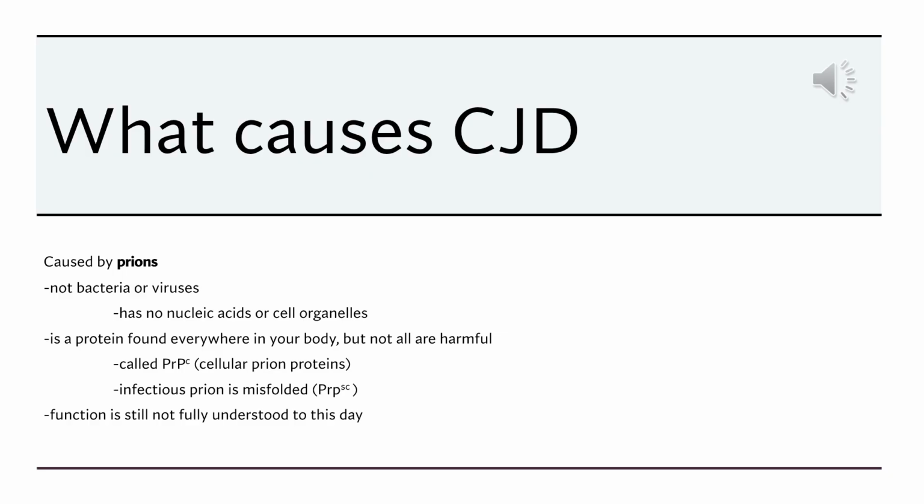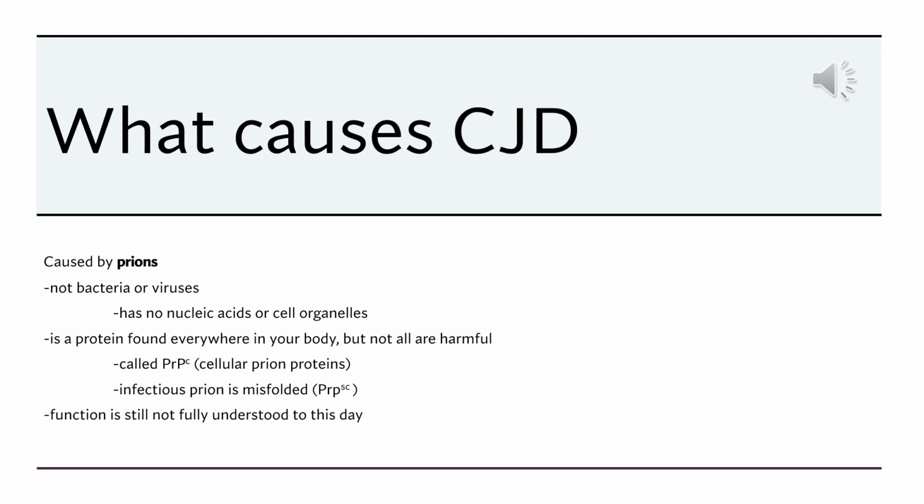What causes CJD? CJD is caused by prions. Prions are not bacteria or viruses because they have no nucleic acid or cell organelles. It is a protein that can be found everywhere in your body, but not all of them are harmful.